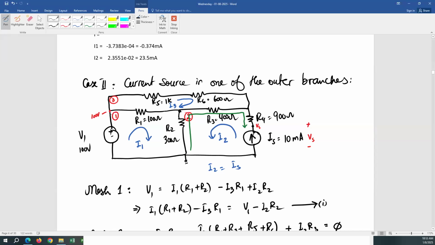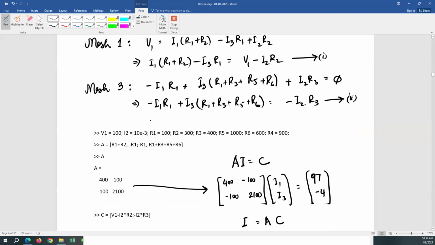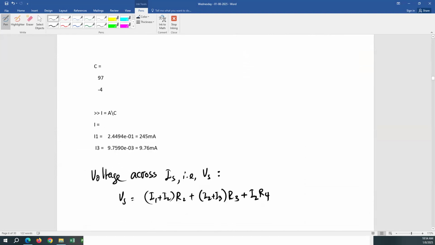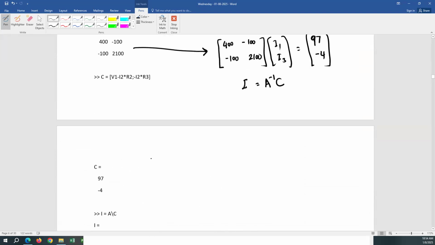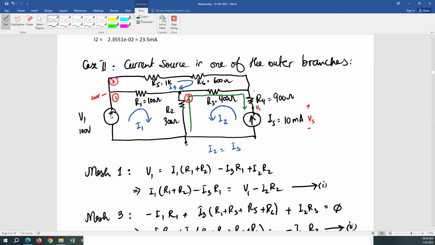We are starting from here. You can start from here. If you start from here, it is going to be what? 100 is the initial value. And then you pass through R1. Then I1 and I3, they're in the opposite direction, right? So I1 minus I3, or you're going in this direction. So let's say you calculated the value of I1, and I3 is the higher value. That means the actual current is flowing in this direction through R1.